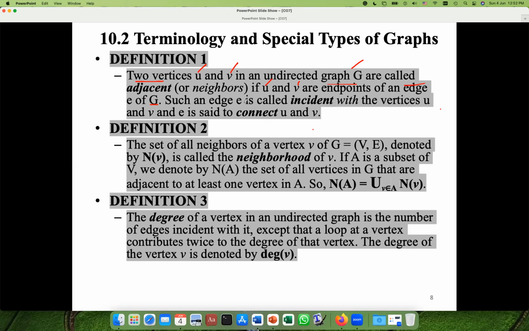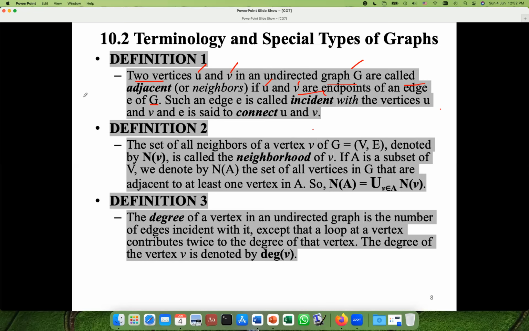And you can also say the same thing with respect to the edge. If you are focusing on the edge and saying that the edge is connected with the vertices U and V, then you can also use this word incident. You will see this word also in the textbook, so you don't have to worry. What is the meaning?